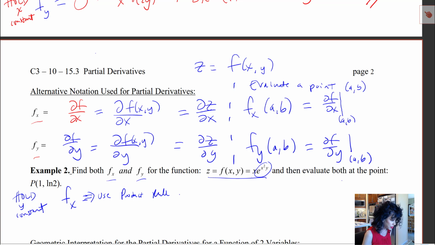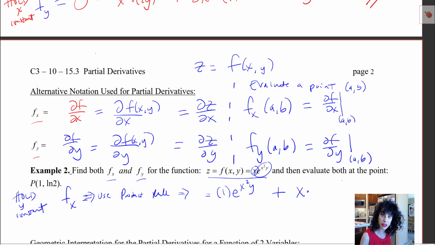In order to use the product rule here, we're going to first take the derivative of the first factor, x, with respect to x, which is simply 1. Multiply that by the other factor, which is the exponential e to the x squared y, plus x times the derivative of e to the x squared y power with respect to x.